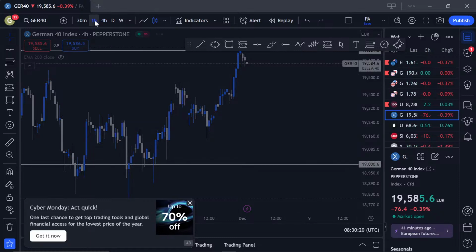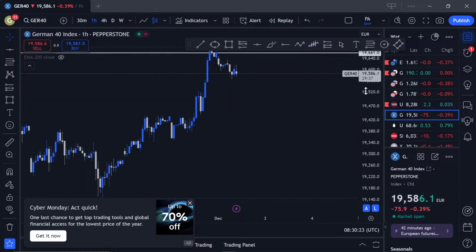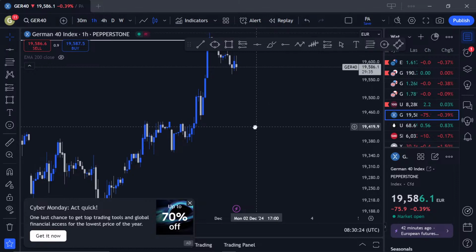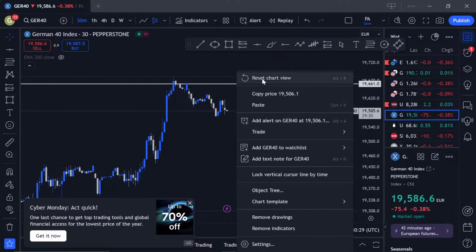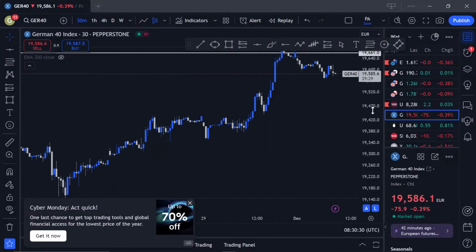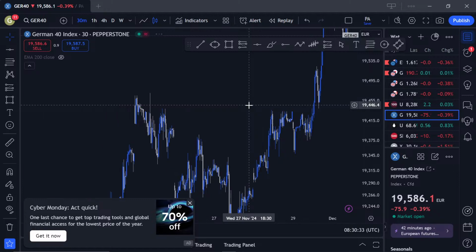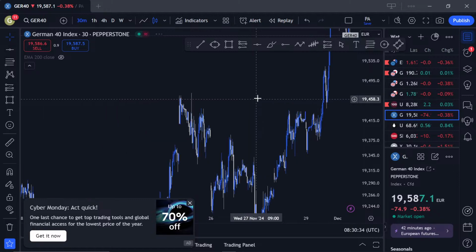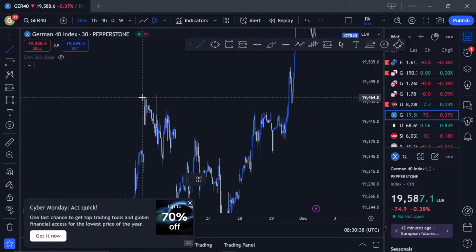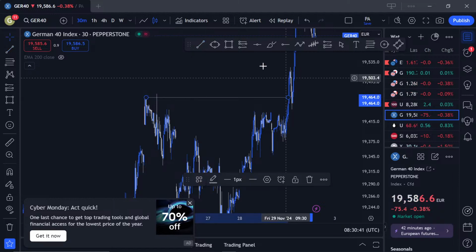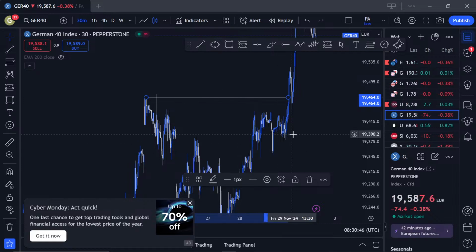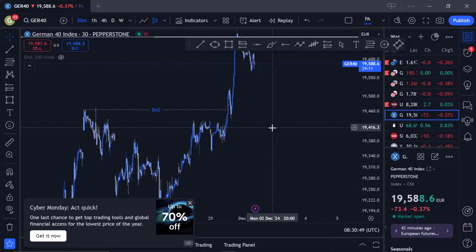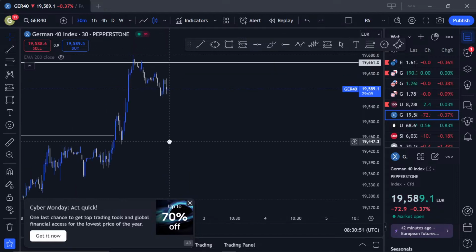Now let me go down to the lower time frame here. That's basically a market breakout structure right there.